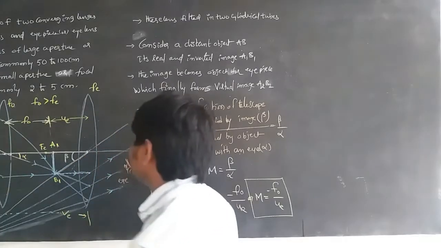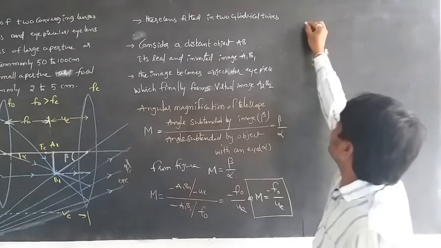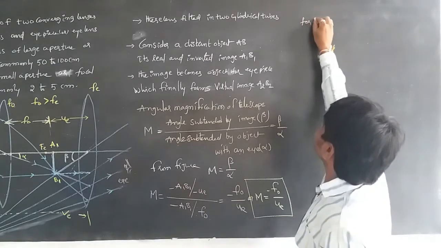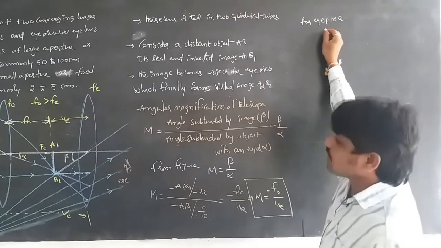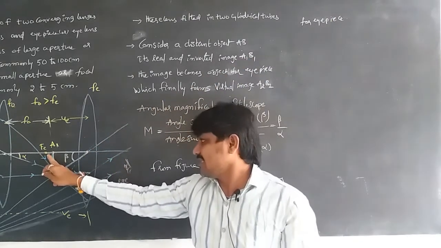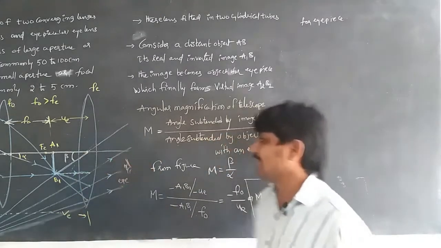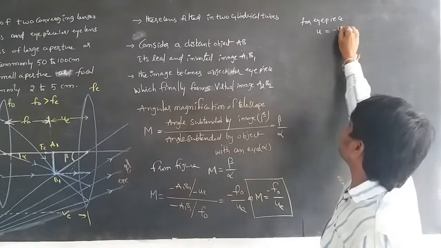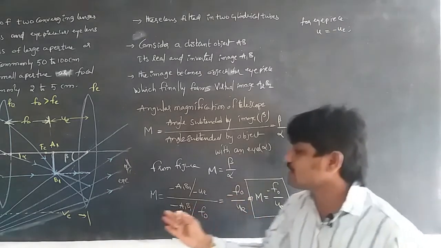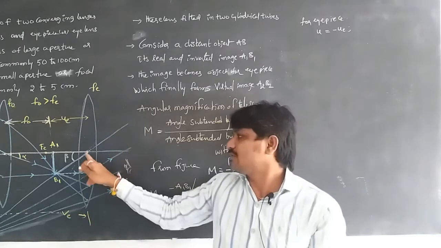So according to this, for the eyepiece, the image will act as an object for the lens. So that's why we take the object distance as minus u is equal to minus ue, and the final image at infinity is formed at a distance of ve due to the second lens.